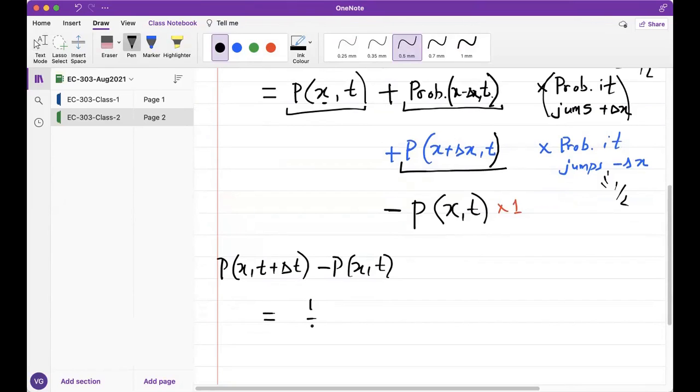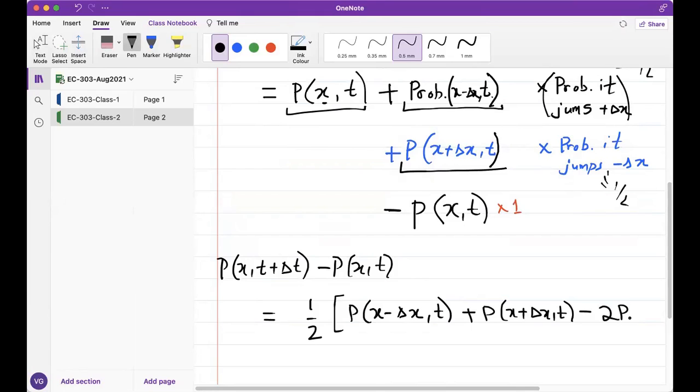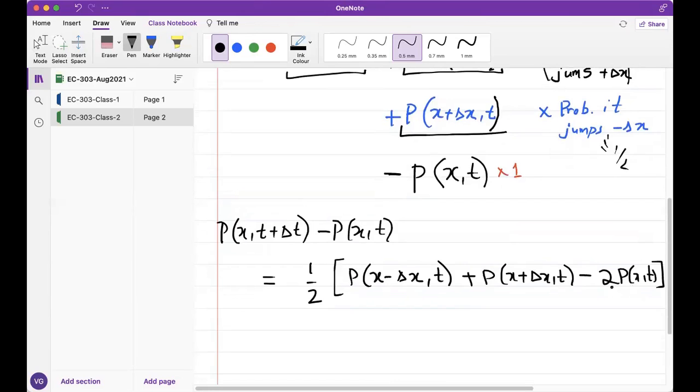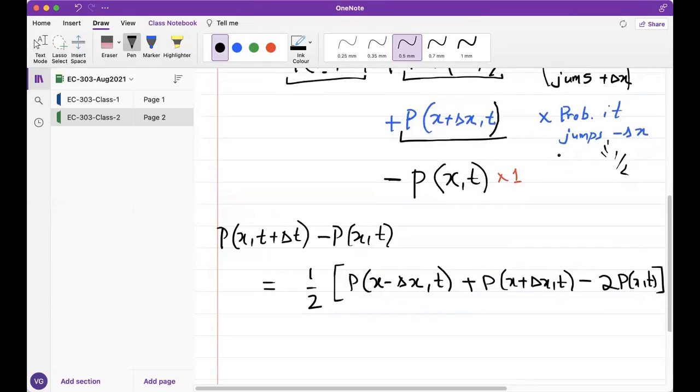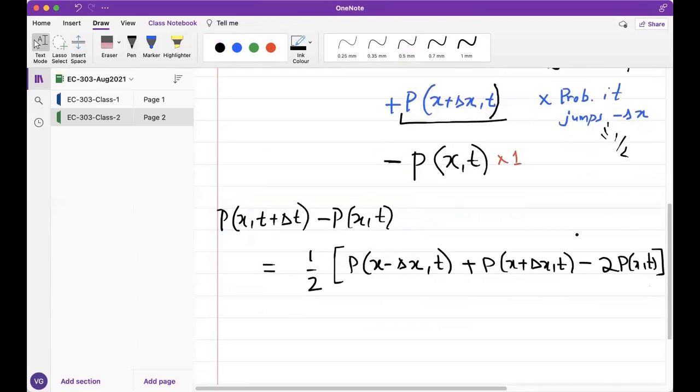That is half times, taking half as a common factor: the probability that the animal was at a location to the left and then jumped, plus the probability that the animal was at a location to the right and jumped, minus 2 times the probability that the animal was there and then jumped. Why is it 2? Because I have taken this half as a common factor. This is the equation. Is that clear to everyone so far?